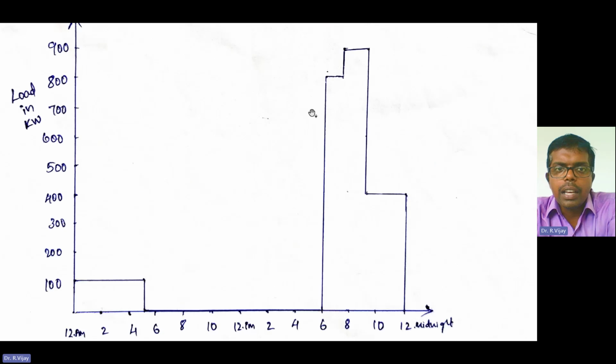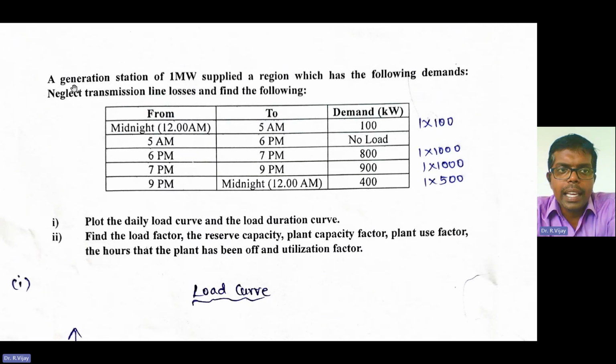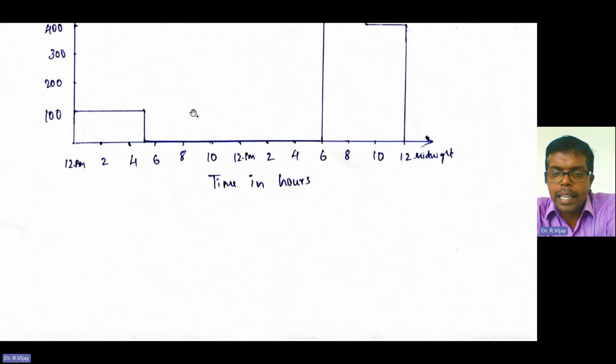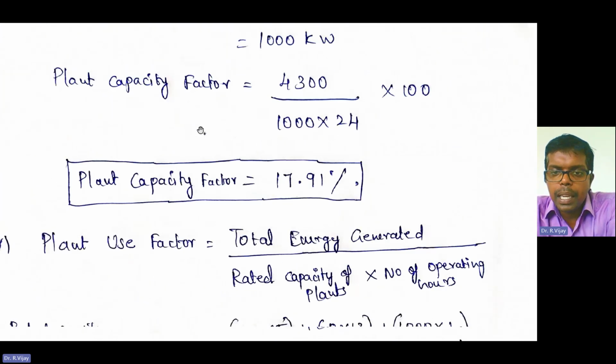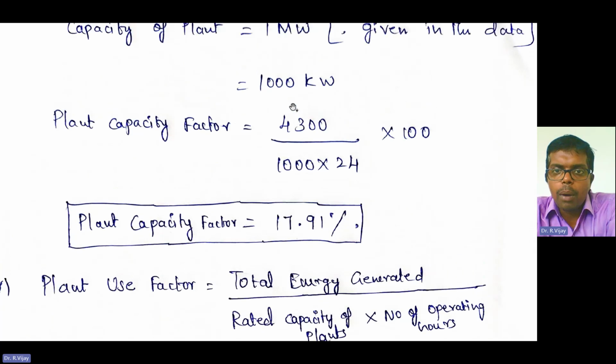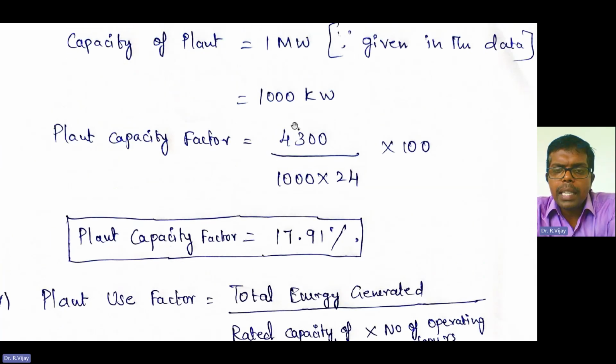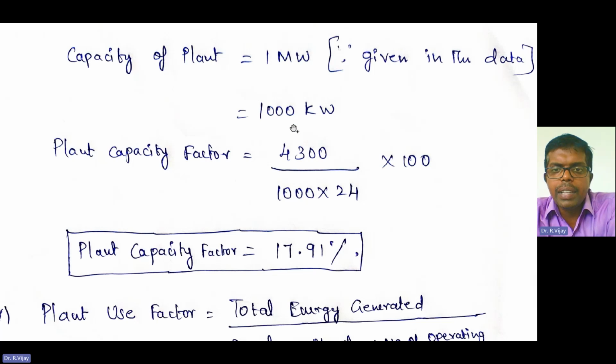If you go through the problem, you can easily see a generating station of 1 megawatt supplies a region which has the following demand. So 1 megawatt is the plant capacity, given in the problem. Here we are dealing with kilowatt, so we convert the megawatt into kilowatt: it is 1000 kilowatt.